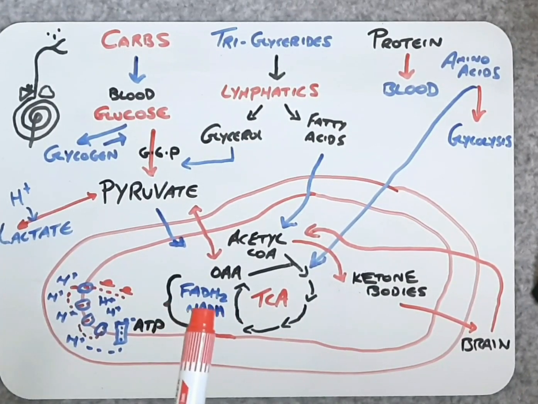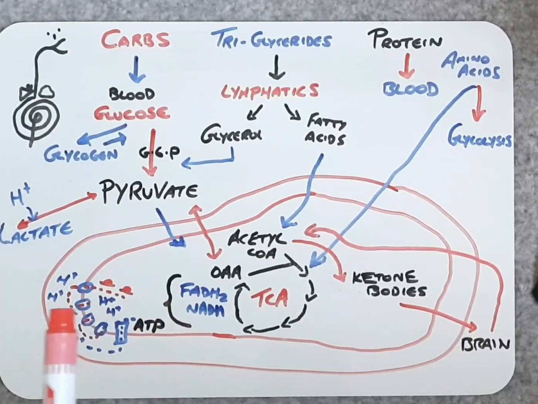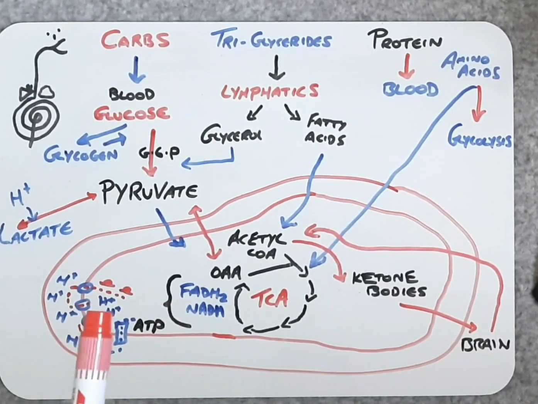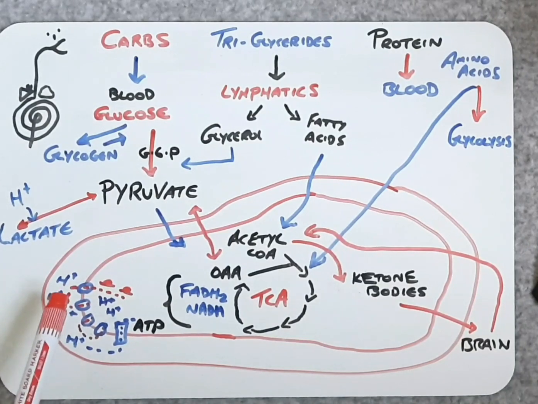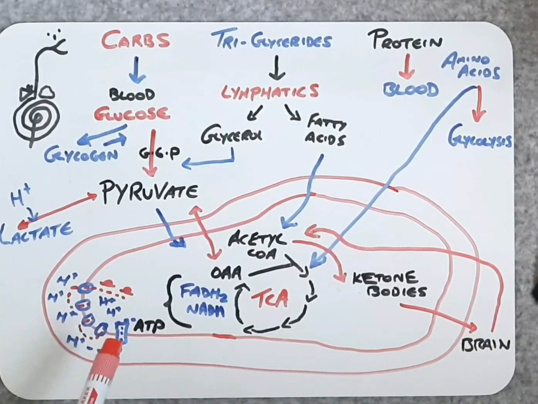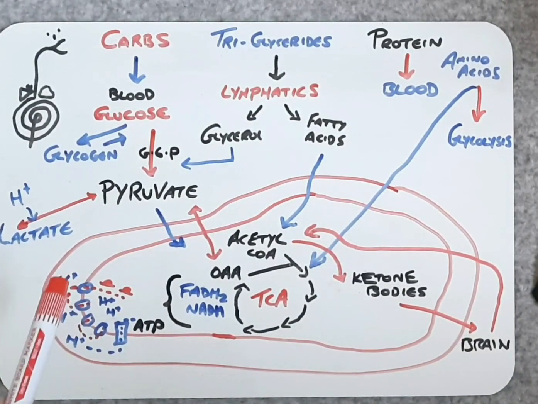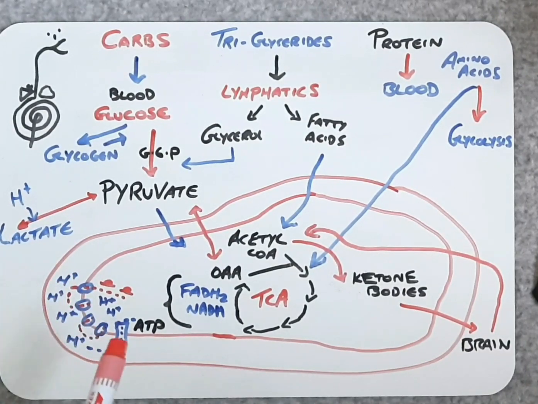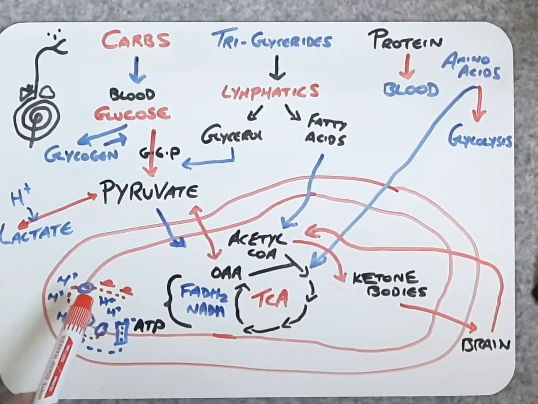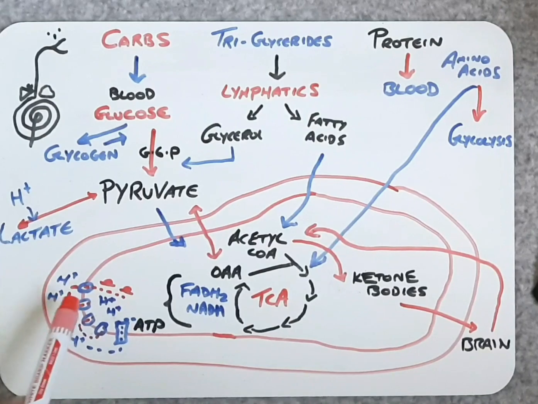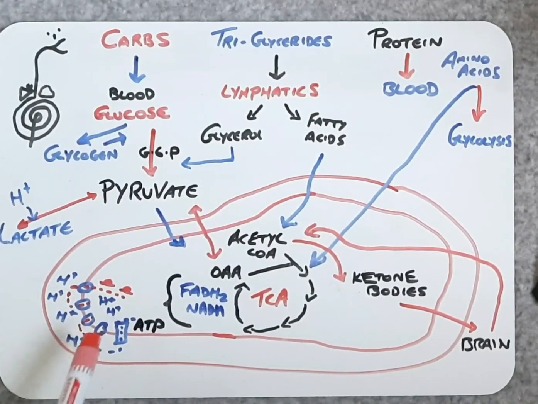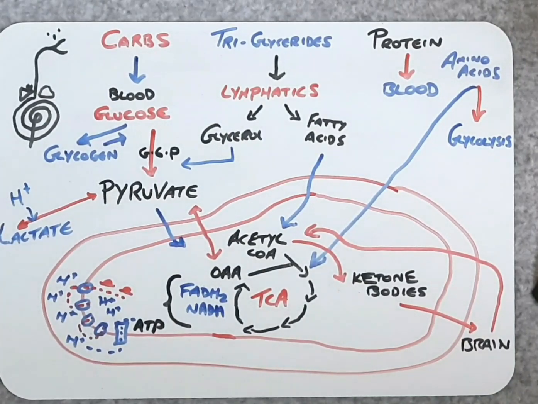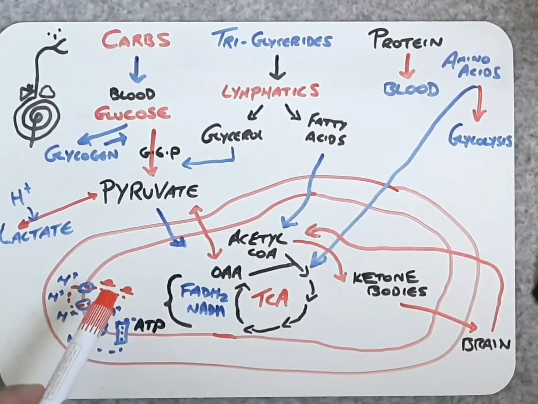What these do is release electrons and hydrogens into the electron transport chain, which is on the membrane. These electrons enter into the four complexes in the electron transport chain, and the hydrogens follow.